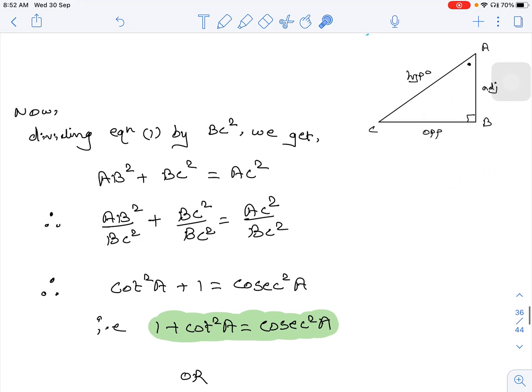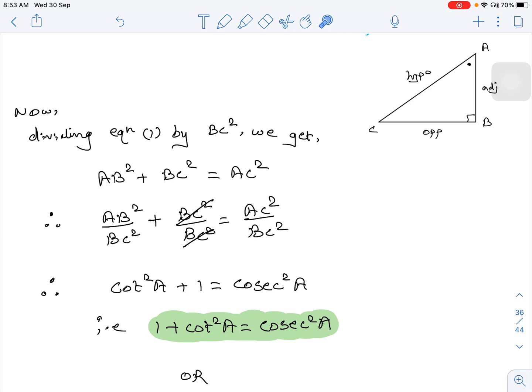So we have by Pythagoras theorem AB square plus BC square equals AC square. Now dividing each term of both the sides by BC square, we get AB square upon BC square plus BC square upon BC square equals AC square upon BC square. So now this BC square and this BC square will get cancelled.